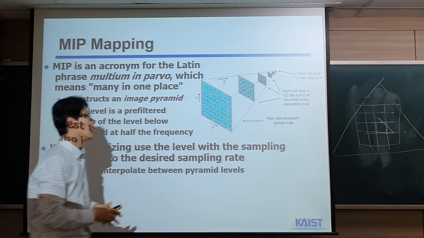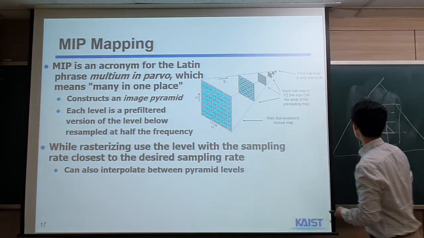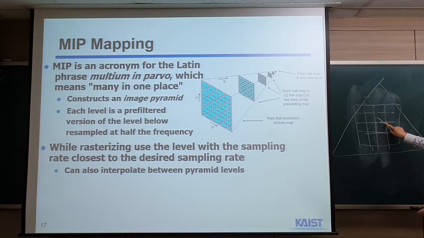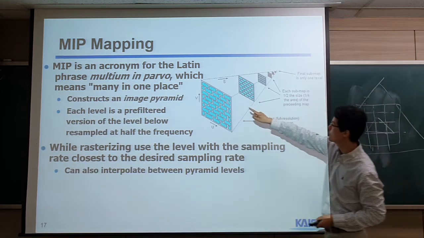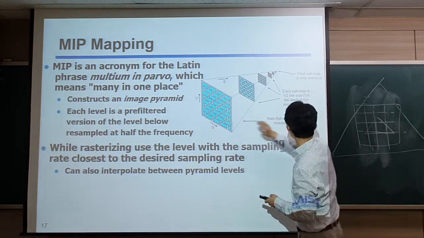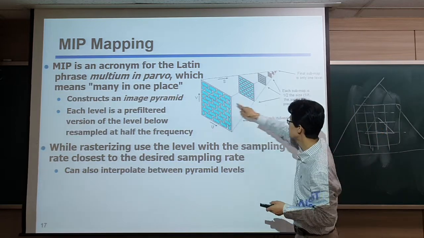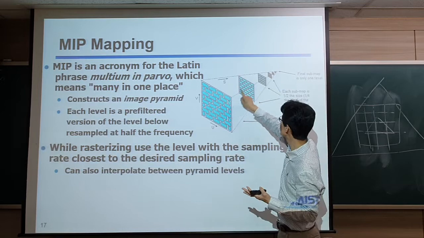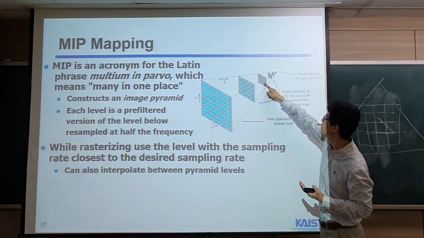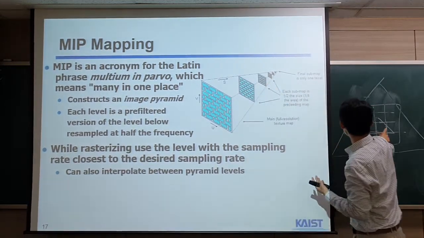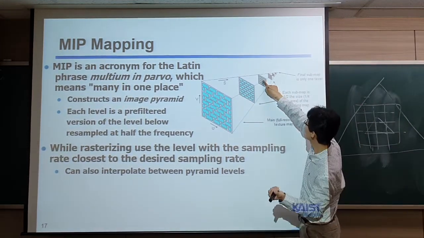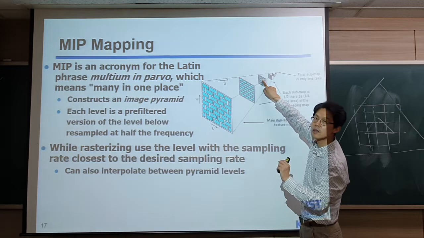Then when you rasterize this triangle, if we map this pixel into this region, maybe this one pixel maps to a lot of texture here. That's not good. So across these different levels, maybe there is one level where this one pixel of the triangle maps to maybe one or two pieces of texture information, texels.